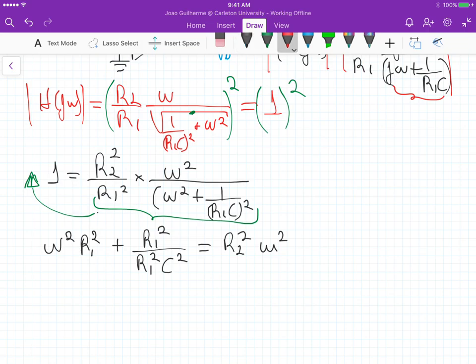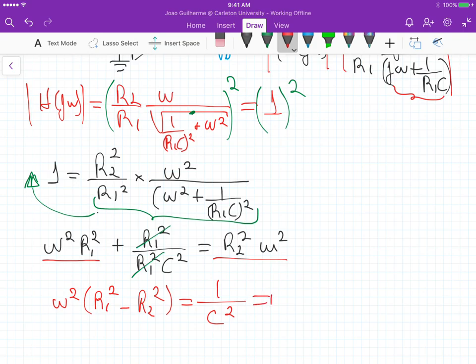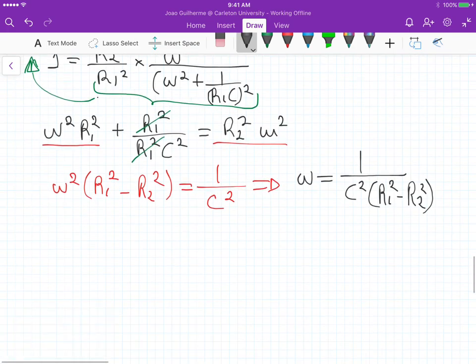Now if we put this here on the left hand side and I group and basically isolate ω squared here and just simplify this equation here, we know that ω squared times R1 squared minus R2 squared is equal to 1 over C squared, which leads to ω equals to 1 over C squared times R1 squared minus R2 squared, and that's the frequency.